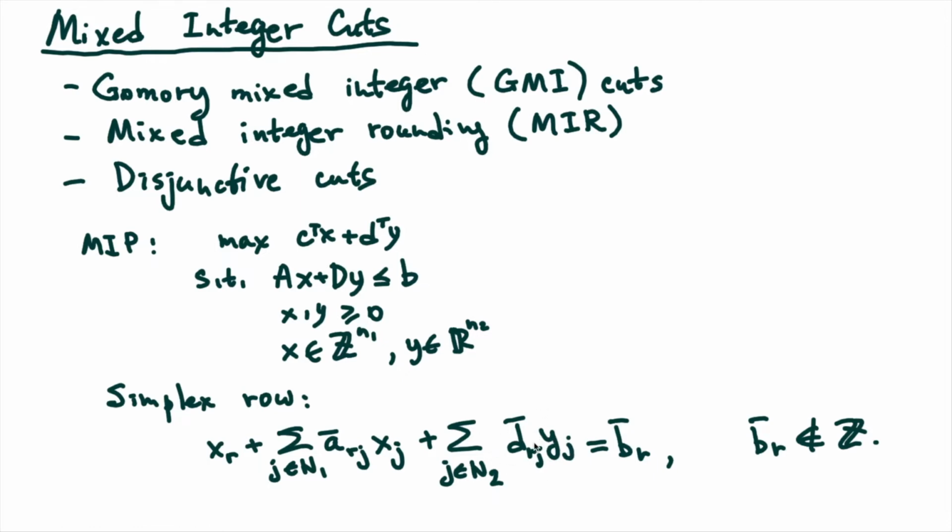Okay, so we need to analyze this in more detail, obviously. So we cannot just do the same we have done in the pure integer case. And let's look at some very simple cases first, and then we'll build on that and we'll analyze the more general cases.